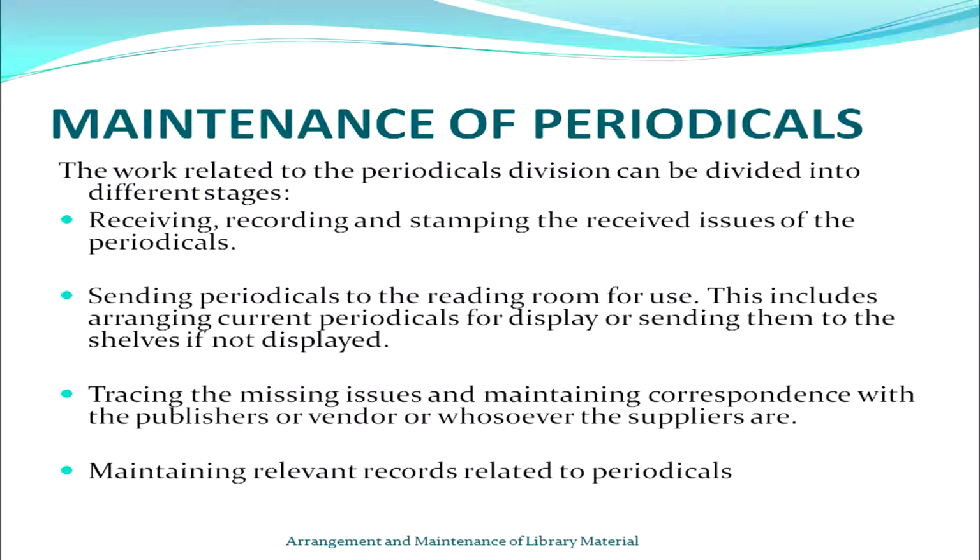Secondly, sending periodicals to the reading room for use once these are processed. This includes arranging current periodicals for display or sending them to the shelves if not displayed. Then tracing the missing issues and maintaining correspondence with the publishers or vendors or whosoever the suppliers of periodicals are.